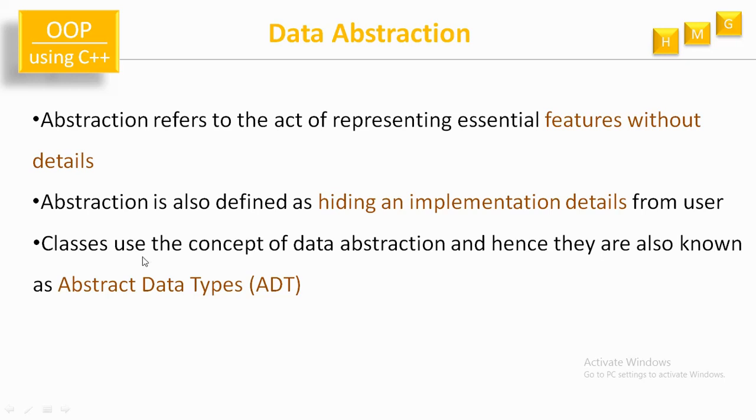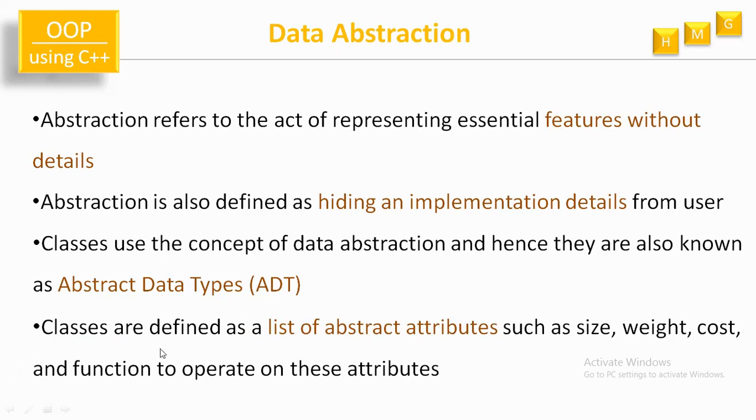And thus classes use the concept of data abstraction, and hence they are also known as abstract data types, that is ADT. So classes are abstract data types because they follow data abstraction.